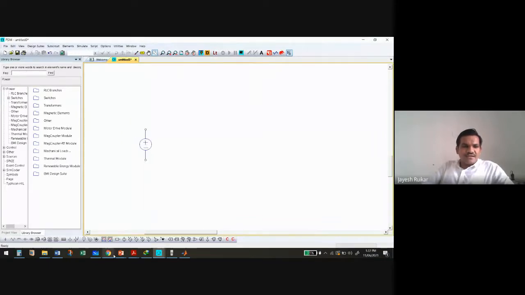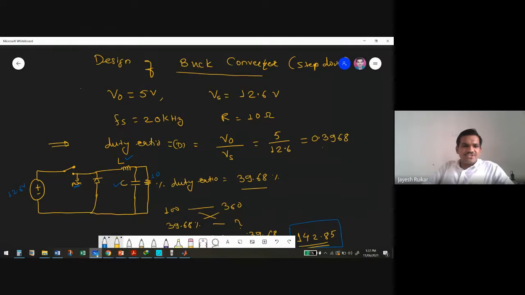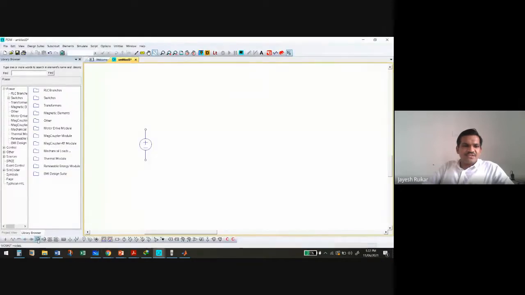As per this diagram, I need one switch, so I will consider a MOSFET here. I can rotate this MOSFET. Then we need an inductor and a diode.